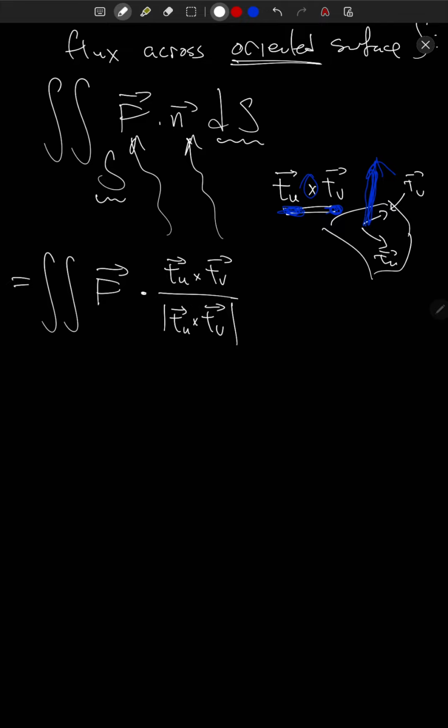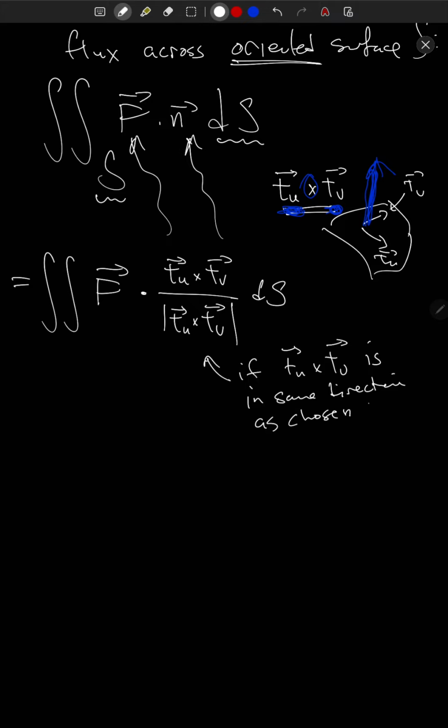Because in that case you've used the wrong direction for the normal, so everything is the negative of what it should be, dS. Let me emphasize, this is if T sub u cross T sub v is in the same direction as the chosen normal.